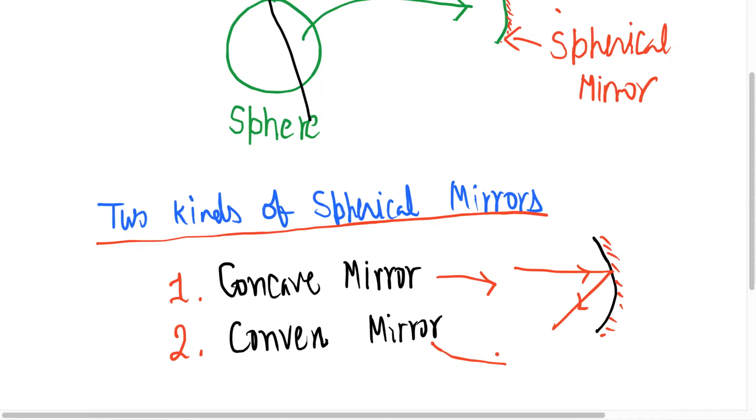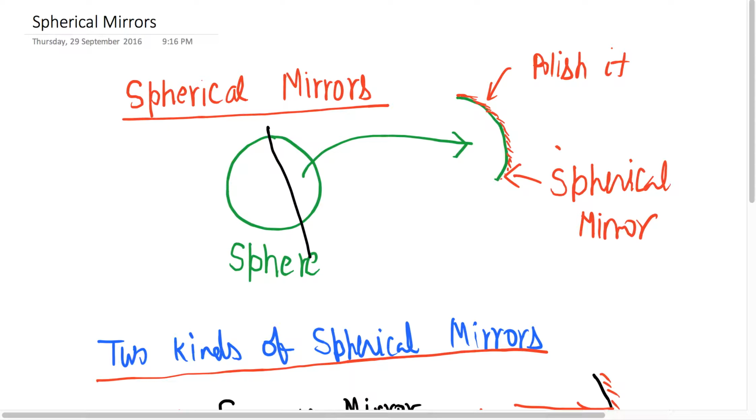But if this is the mirror, and you polish the inner surface, and in this case the reflection happens from the outer surface, then what you have is a convex mirror. So till now we have discussed a spherical mirror.